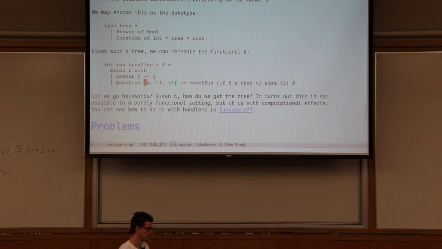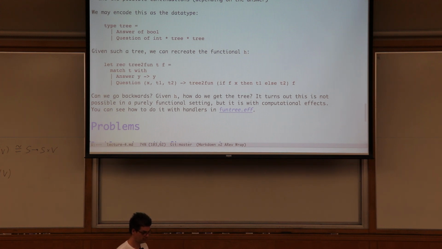Otherwise, if I'm supposed to ask a question, well, then I ask f of a question. If f says true, then I continue recursively by climbing up the tree, T1, which is the left one, so it's the other way around from what I said. If f of x says false, then I do T2.